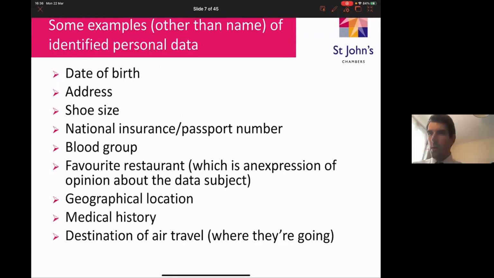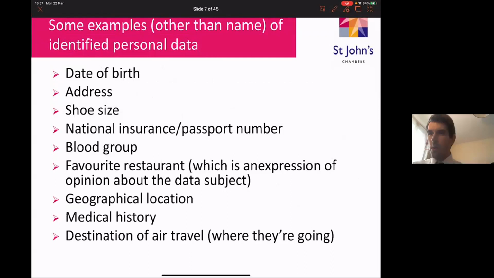Some examples of personal data other than name, you have them there. These, I think, are the common or fundamental ones, but there are some other ones which might surprise you, but I think they must follow given the expansive definition of personal data.